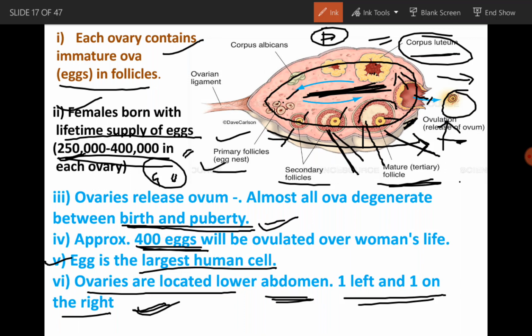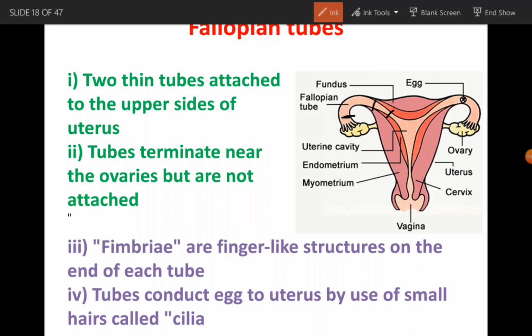It will maintain its shape and size and continue to secrete progesterone until 72 hours after ovulation, and after this it degenerates and changes into the corpus albicans.